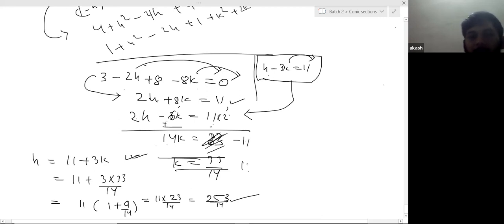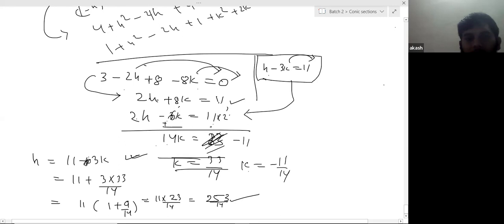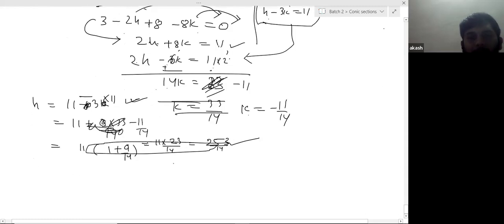So k equals to minus 11 upon 14. All right. So this also minus 11. So this is also wrong. All right. So 11 fours are 44.